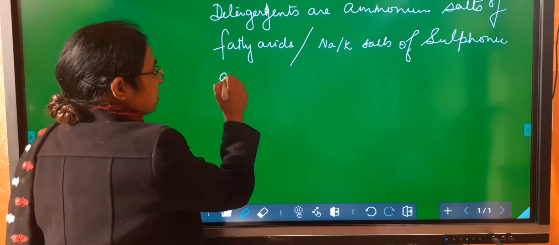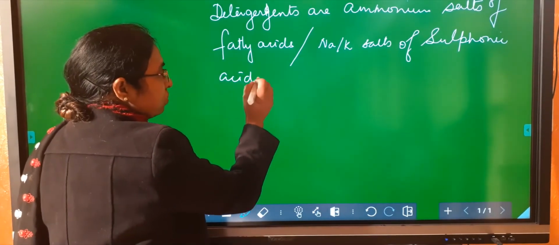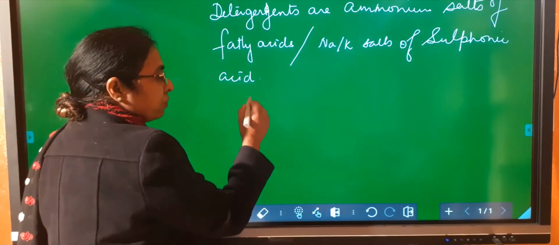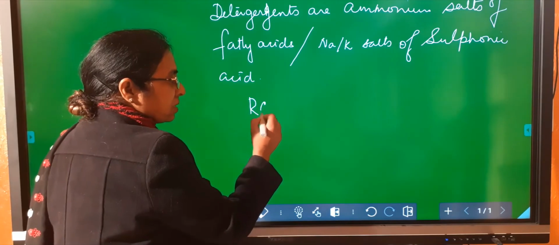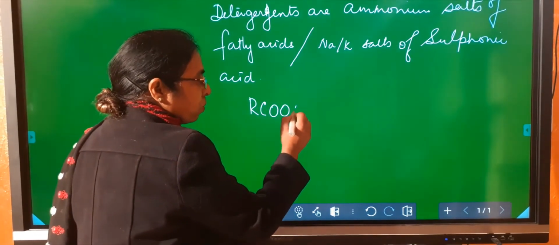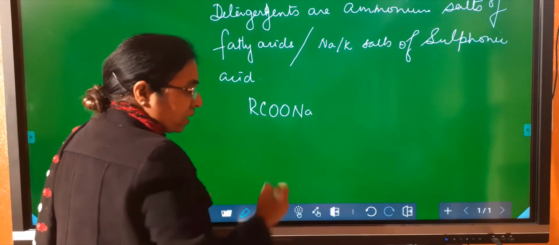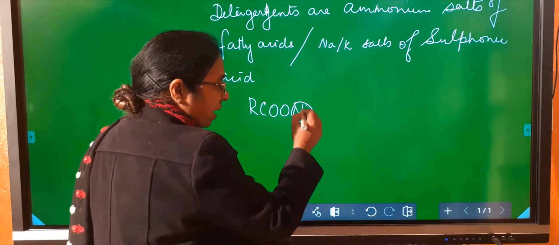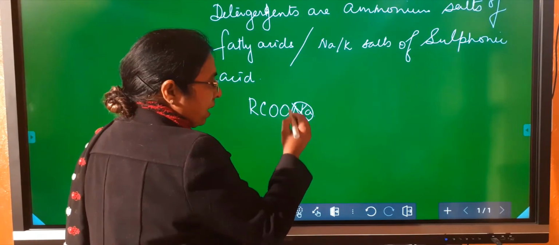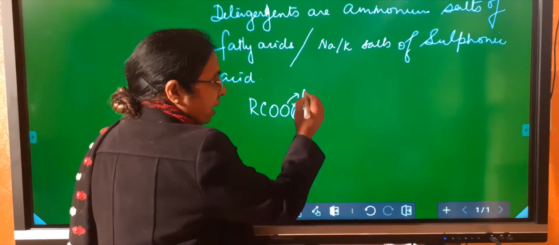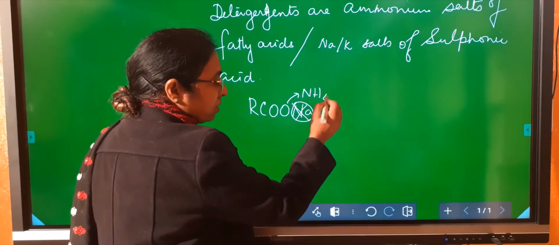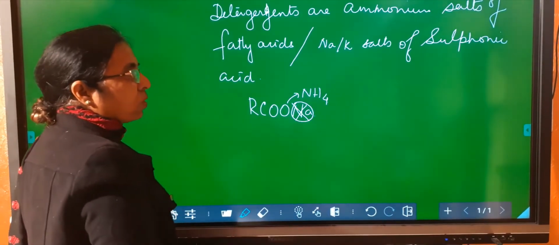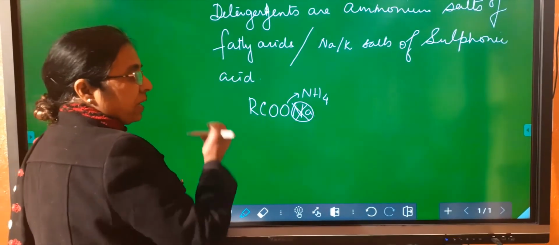The general formula of soap was RCOONa. For detergents, I remove this Na and write ammonium, so this becomes an ammonium salt of carboxylic fatty acids.